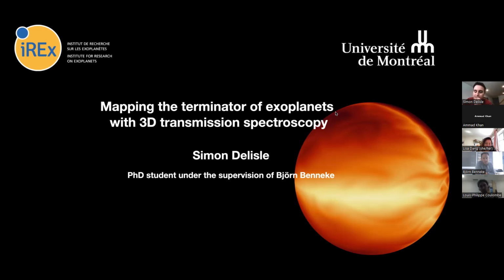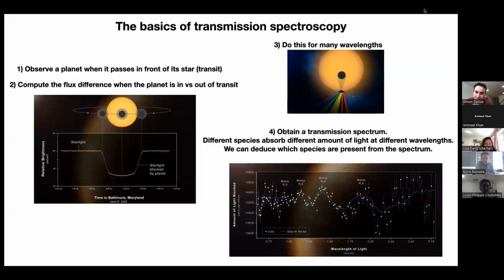So before I dive into that, I'll just do a quick recap about the transmission spectroscopy, just to be sure that everyone is on the same page. So usually the way we do transmission spectroscopy is you have a planet that transits in front of its star.